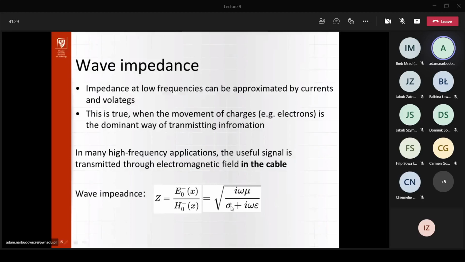And here we have the conductivity sigma. As I mentioned, at lower frequency, this conductivity will be dominant in establishing the impedance of a wave in a certain medium. At higher frequency, when you think about propagation through dielectric, or in the optical fiber, the conductivity is negligible. As I mentioned, most of the signal will propagate in the form of electric and magnetic fields. Hence, these two components, permittivity and permeability, will be dominant.